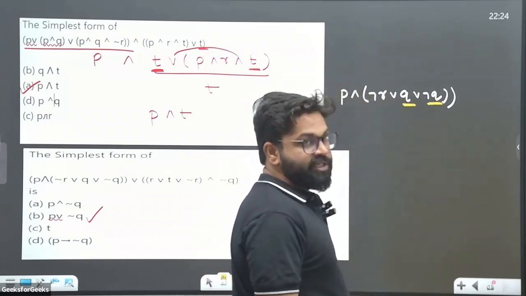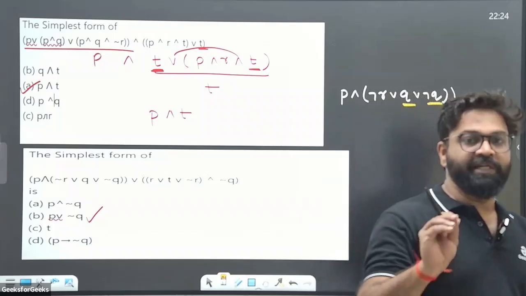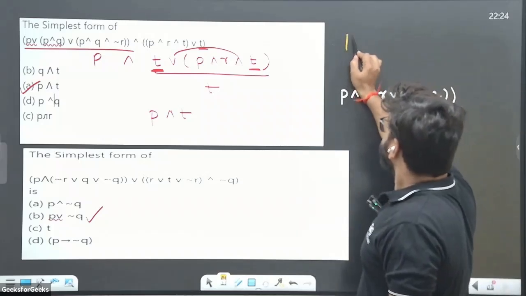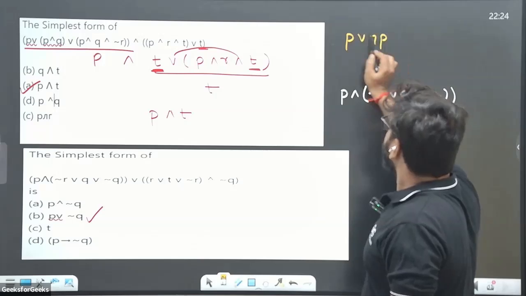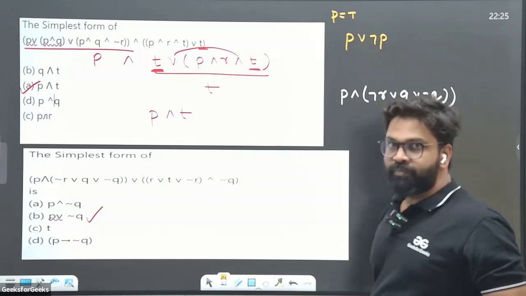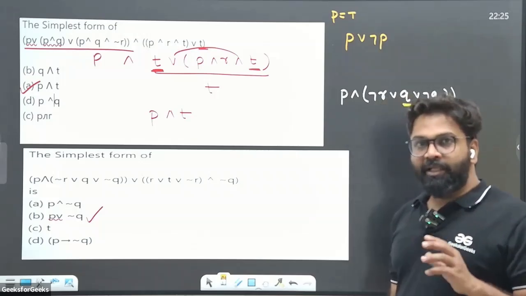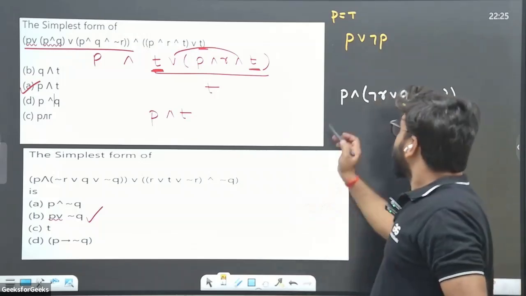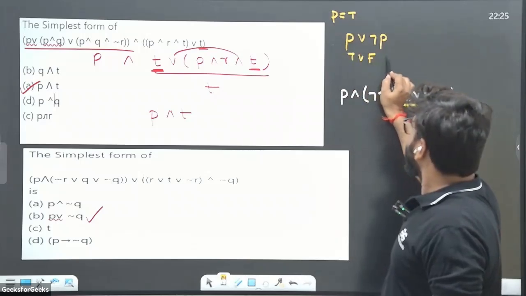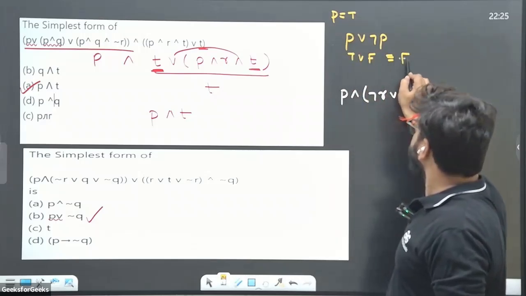Whenever one is positive and one is negative, you will always get a true. Why? See, this is P or negation of P. P can have only two values. Either P can be true or P can be false. Suppose you put P as true, then true or false, the answer you will get is true.